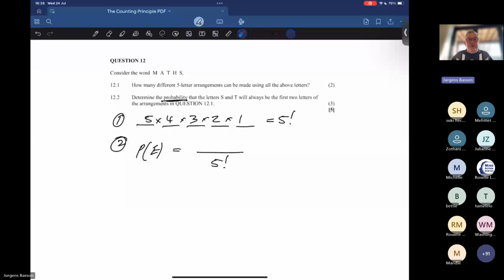So what I want to do is draw 5 lines like I did in the previous one, and then I want to box the first 2 as S and T. And then I'm going to do the rest. I just can't figure out why suddenly I can't see it.